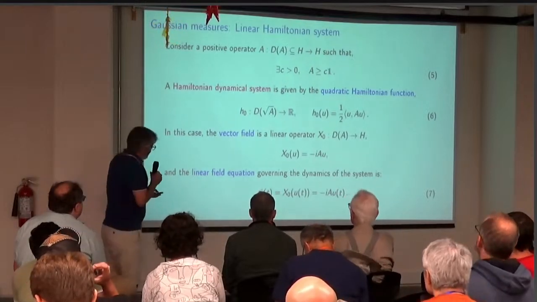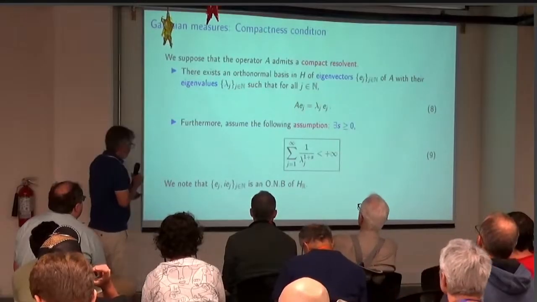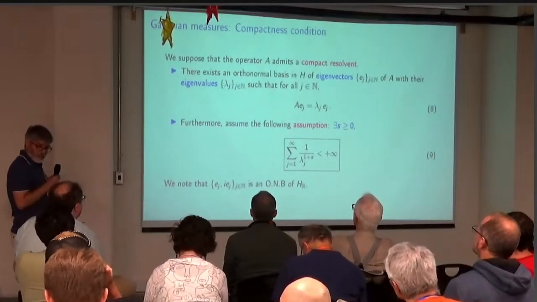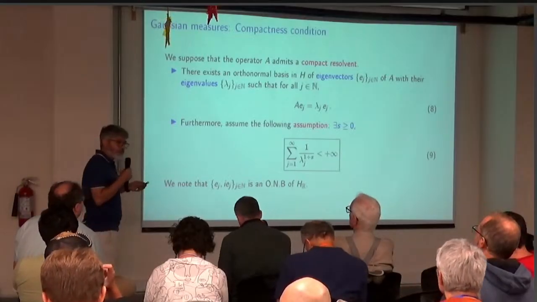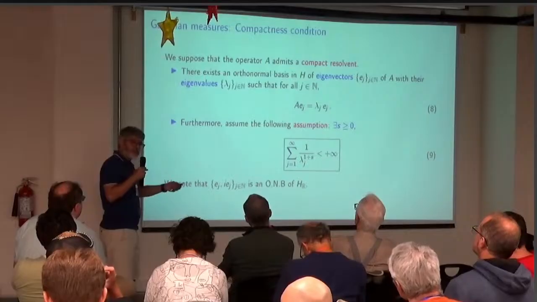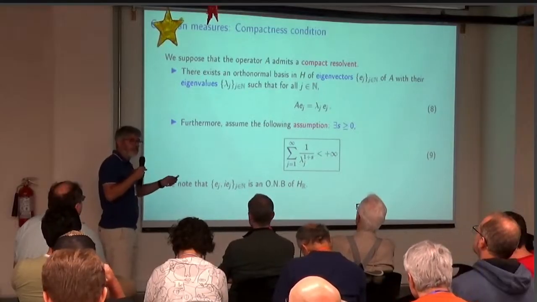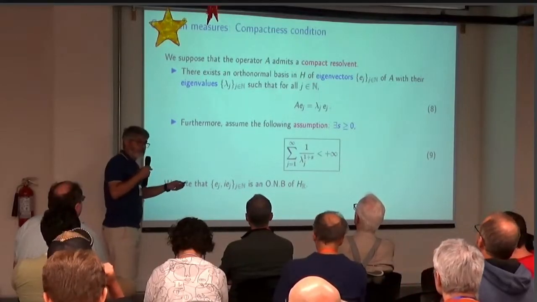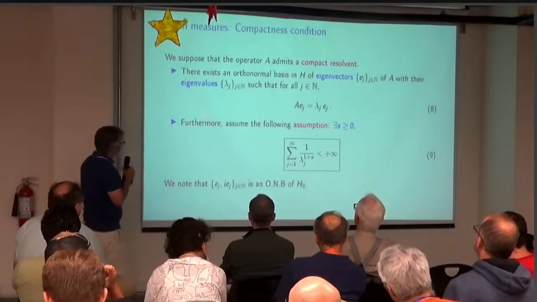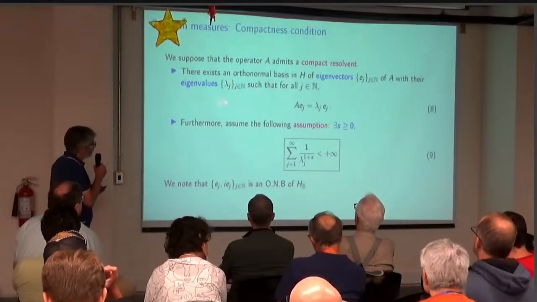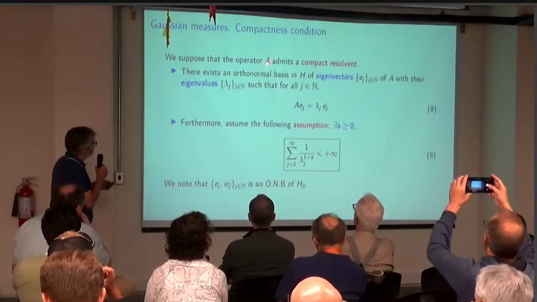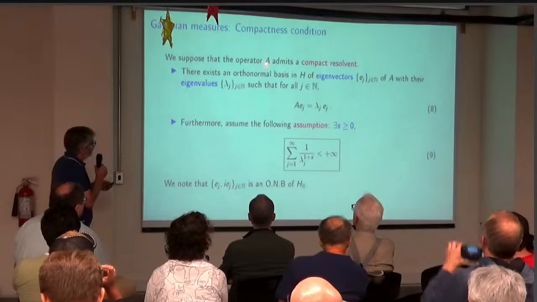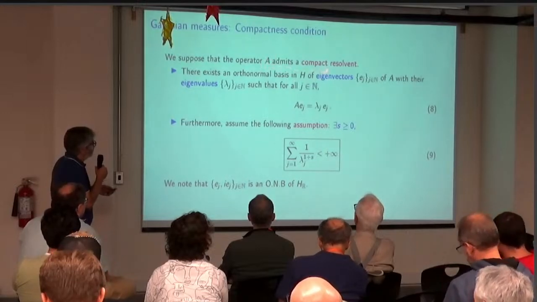Okay. Now, let's make more assumptions in order to be able to construct Gaussian measures first, and then to perturb the Gaussian measures and obtain Gibbs measures as perturbations of Gaussian measures. One of the easy frameworks to construct Gaussian measures in infinite dimension is to use these assumptions on the operator A. We are going to assume that the operator has a compact resolvent.